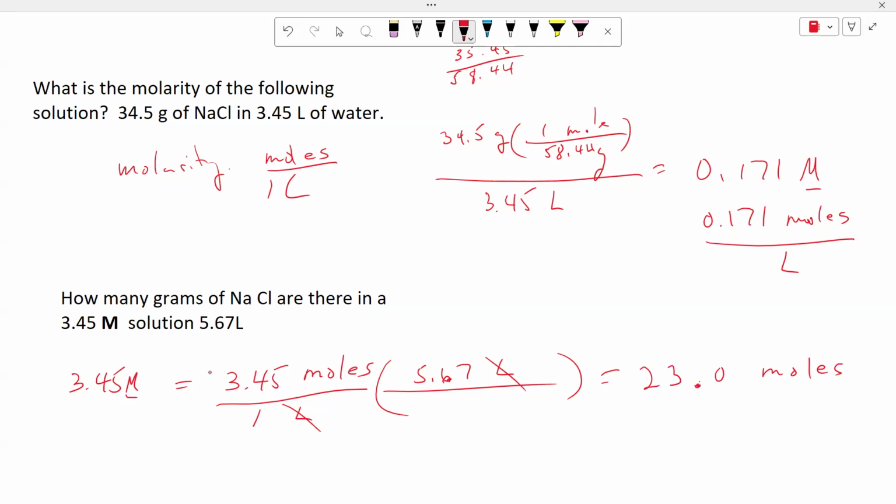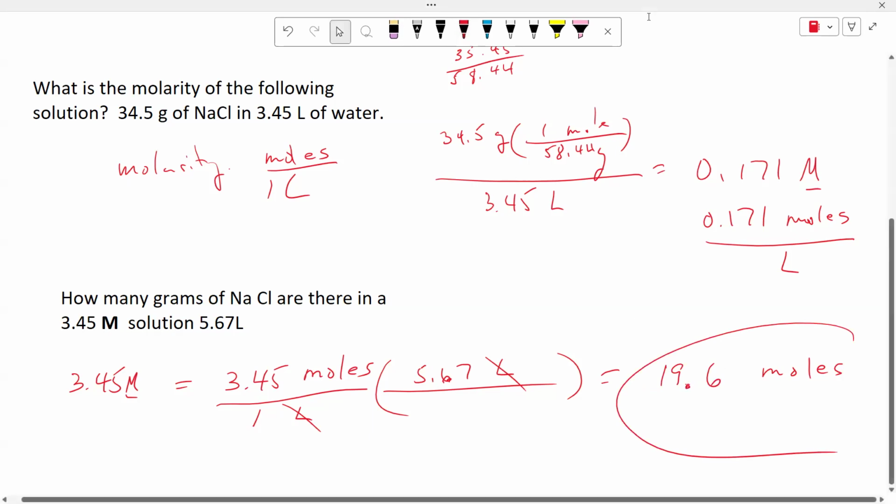Well, it helps to put the right numbers in. Yeah, 19.6 moles. That does not give us grams, though.